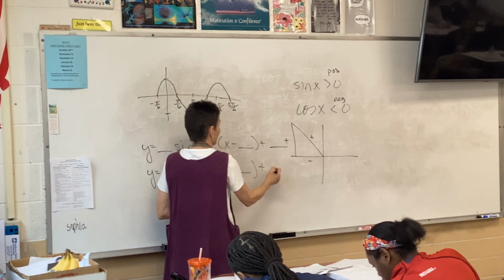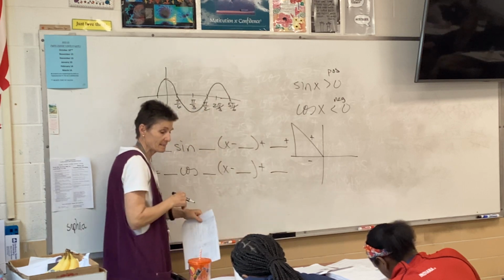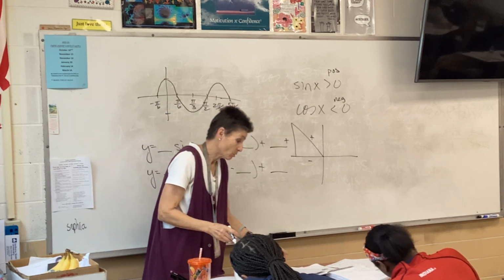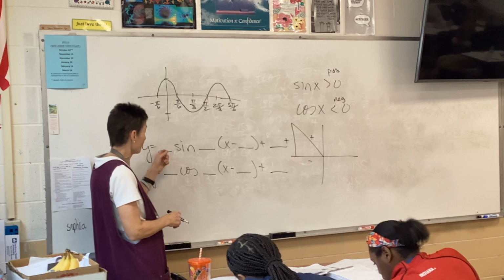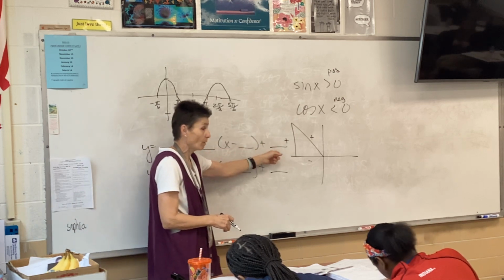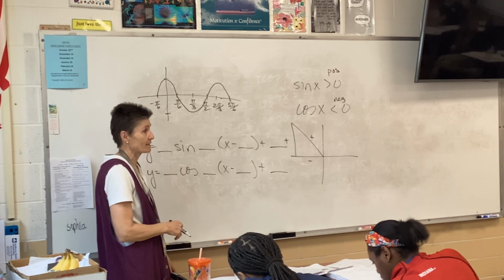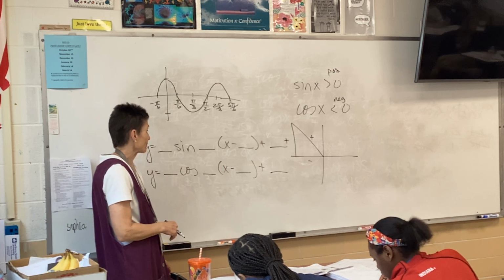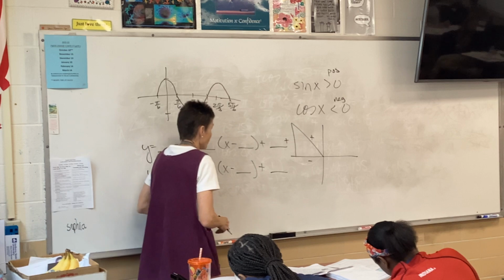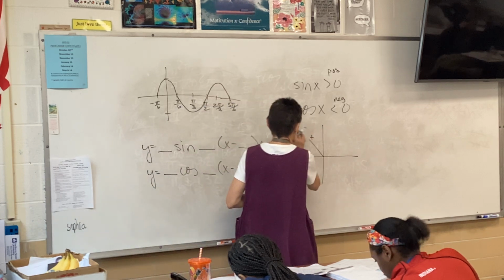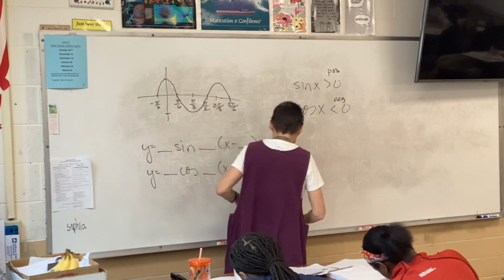You don't have to set it up this way, but I'm putting all these blanks in here because in the equations of trig functions, there are 4 places where numbers can happen. We may or may not need all these blanks. Okay, so which one do you want to start with? All right, we'll start with sine.